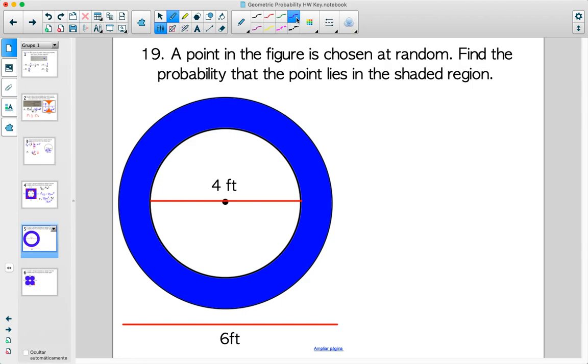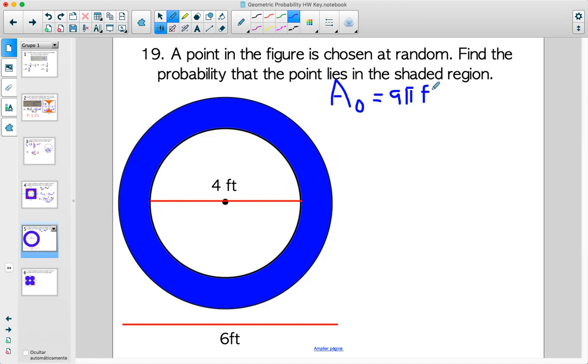So we are going to find the area of the blue circle, and that's going to be, the whole diameter is 6. So the radius is half, which is 3. So the area is 9 pi feet squared.